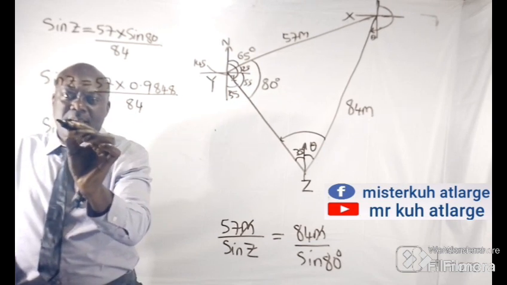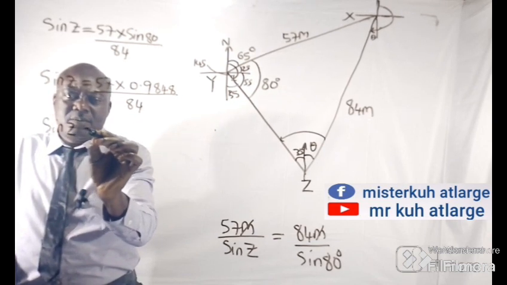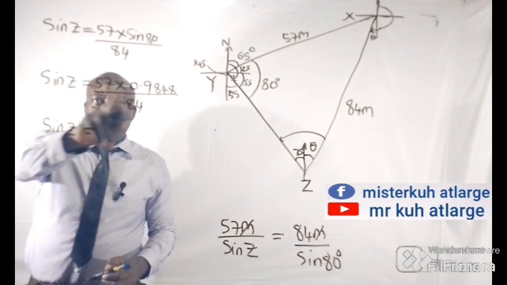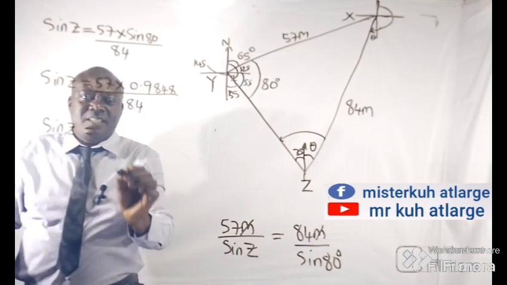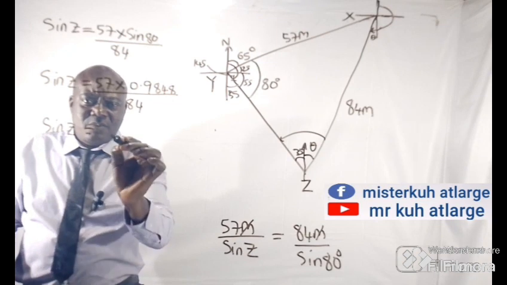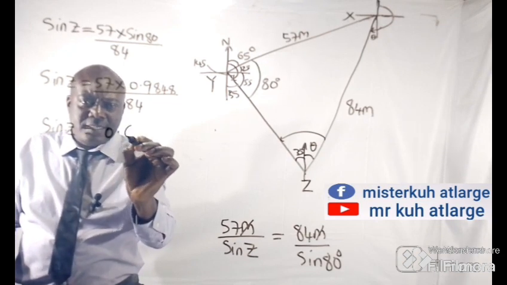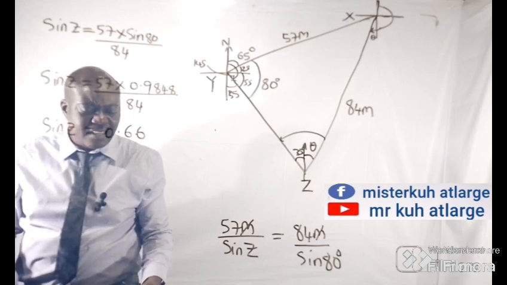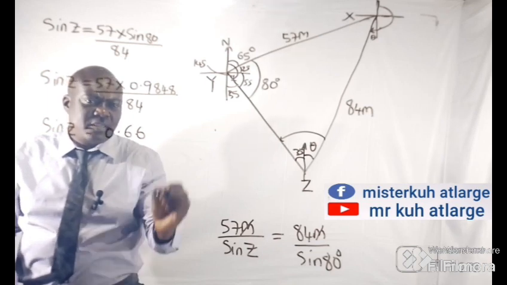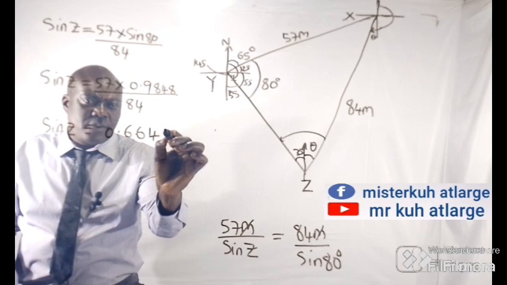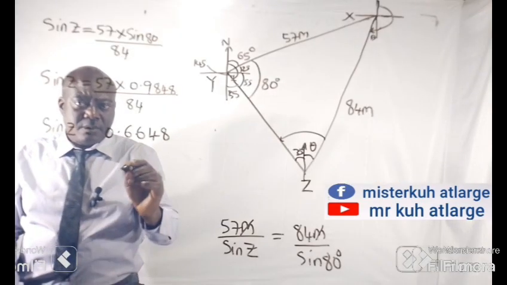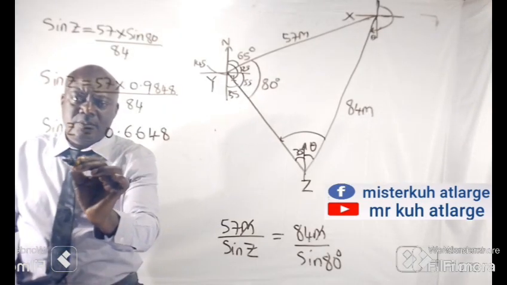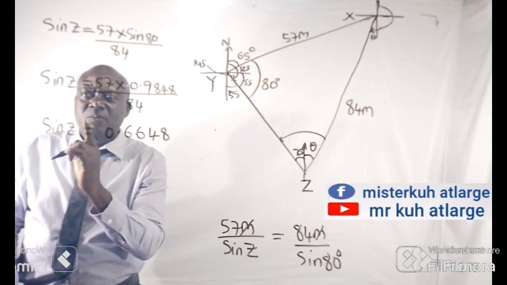So you now multiply and divide. If your answer is correct, you get 0.6648. So remember, we are looking for z, not sin z.